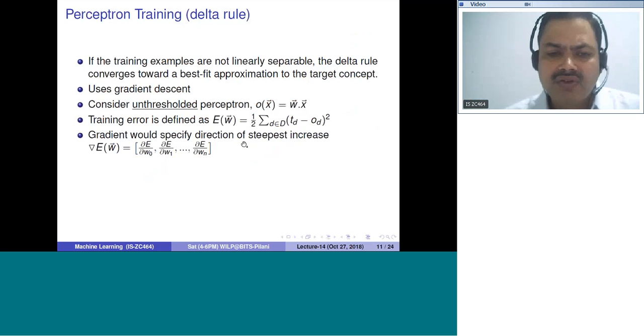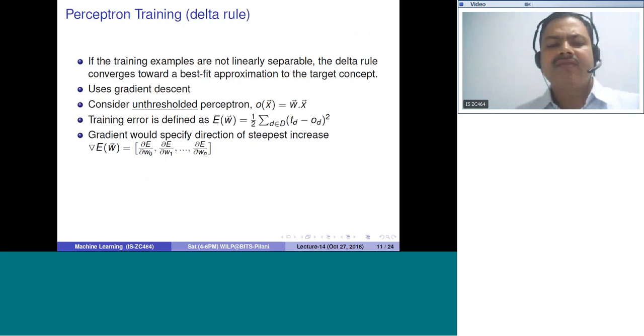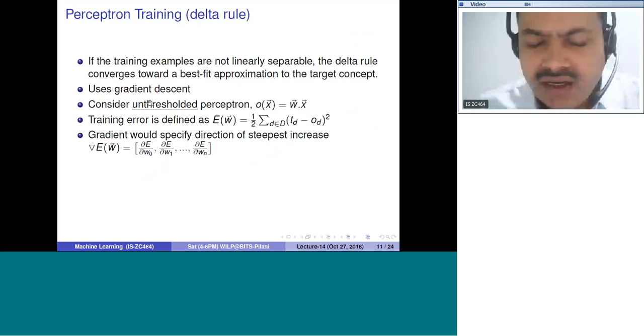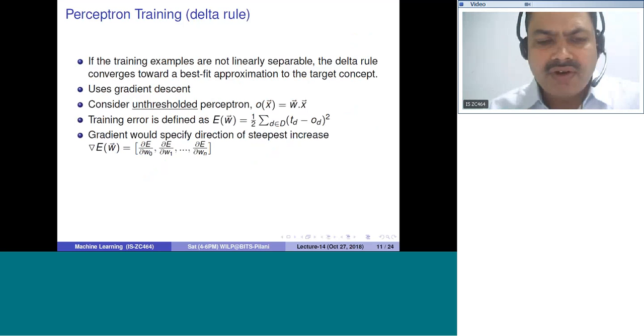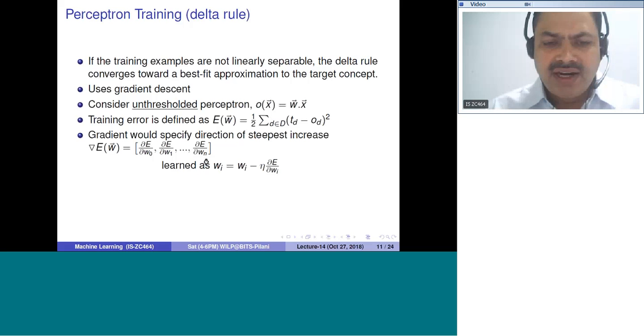Now you can use the gradient with respect to every W. You find the gradient of this formula with respect to W0, that is, delta E upon delta W0, delta E upon delta W1, up to Wn.